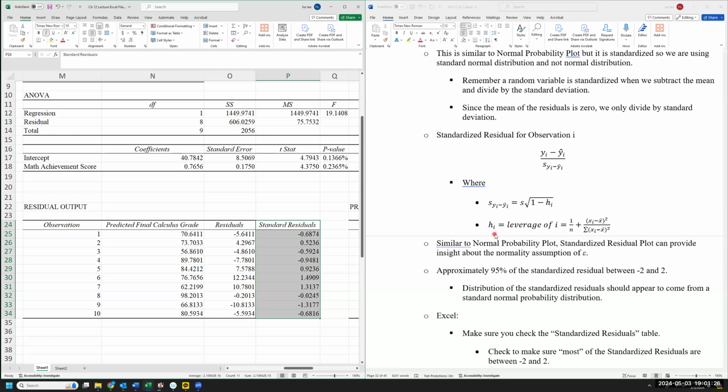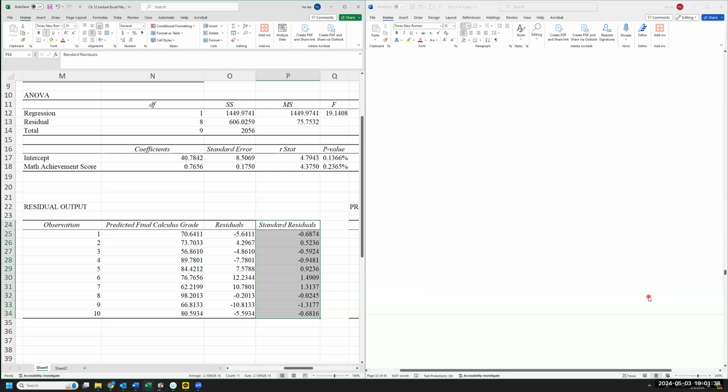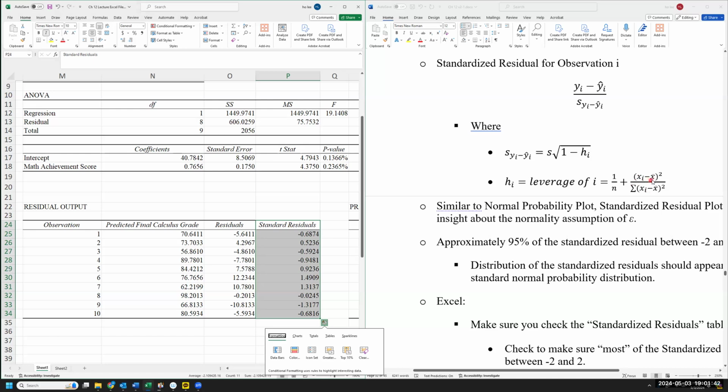What is hi? hi is equal to 1 over n, n being the number of observations in the sample, in this case 10, plus xi minus xi bar. Let's scroll in so you guys can see that. Yeah. xi minus xi bar. So each xi minus the average x divided by the sum of xi minus xi bar squared, okay? That's how you calculate it.